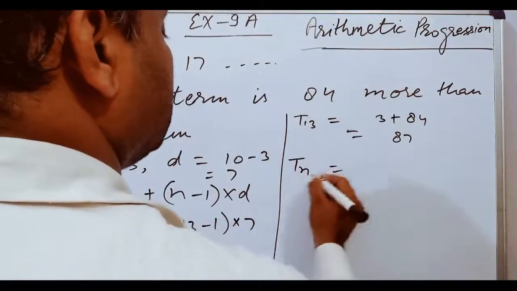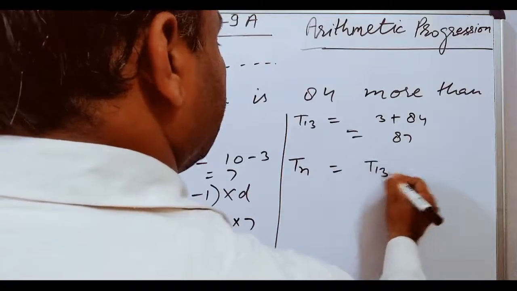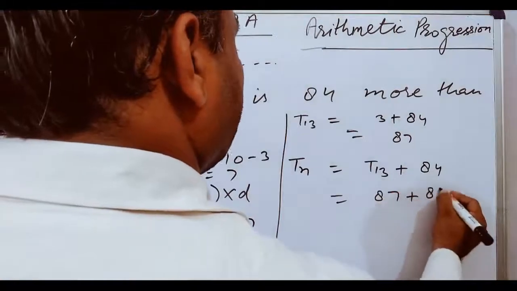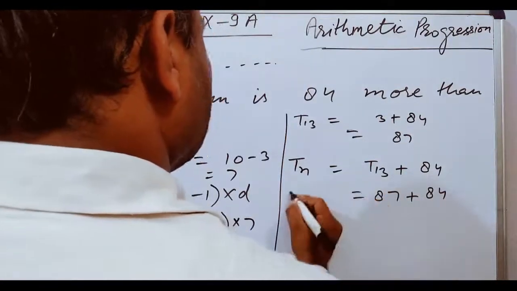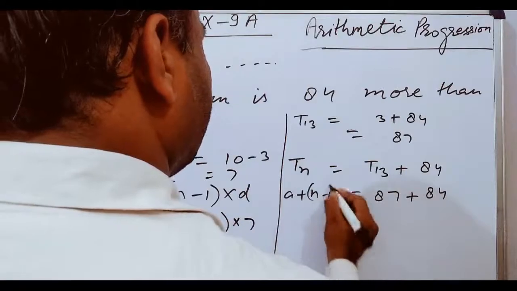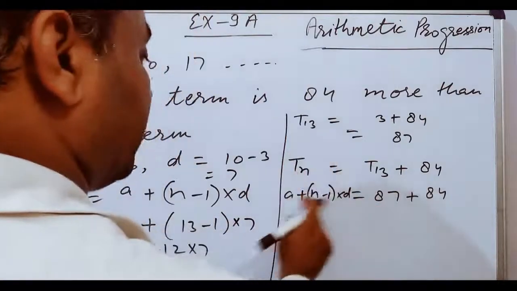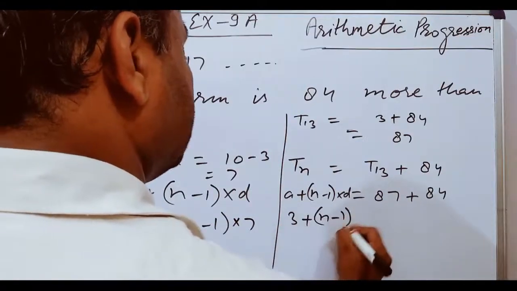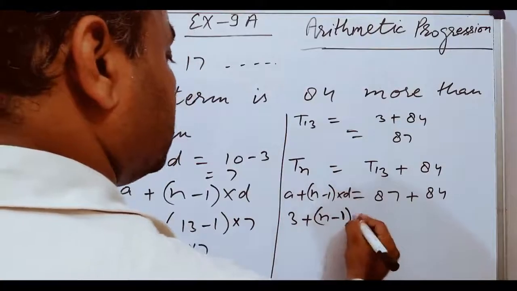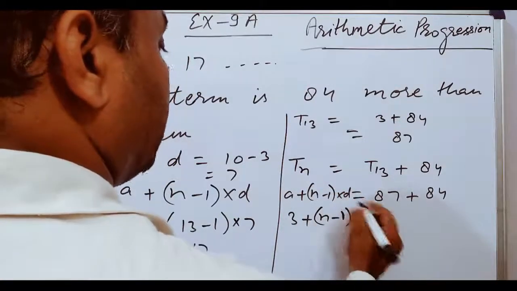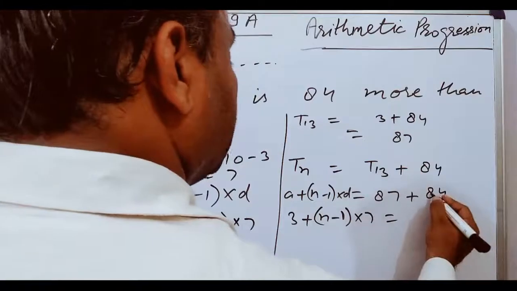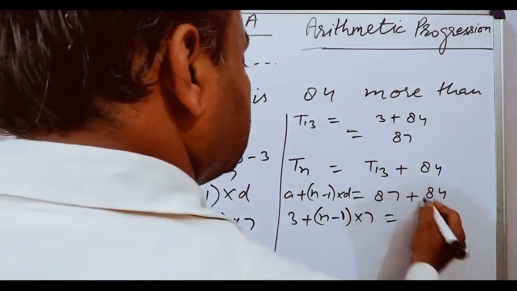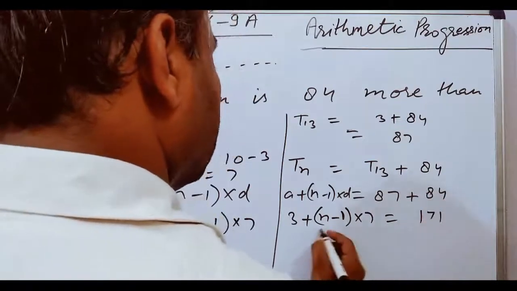So the nth term equal to T13 plus 84. 87 plus 84, it is 171. Tn equal to A plus n minus 1 into D. A is 3 and we don't know which term, it is asking which term. So the nth term we suppose. D is 7.